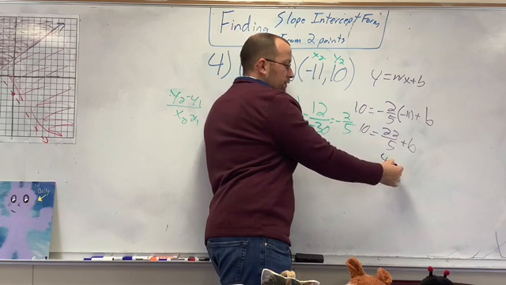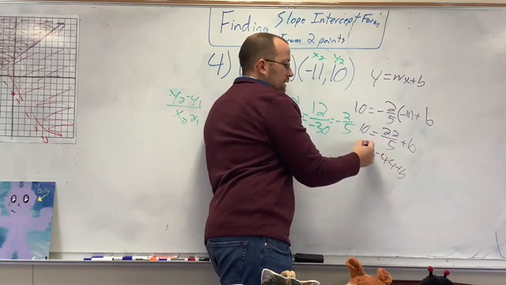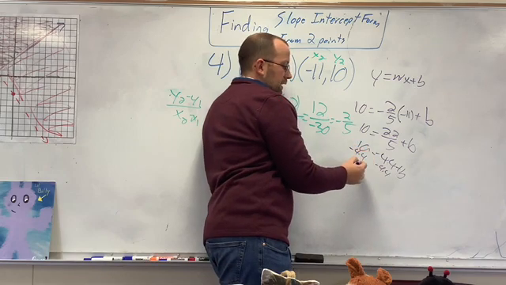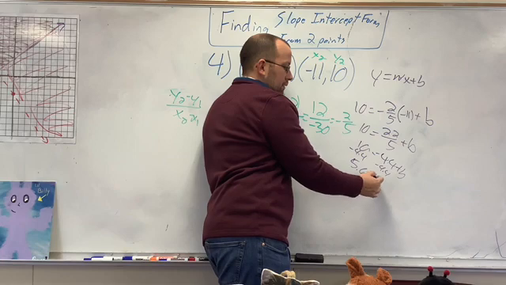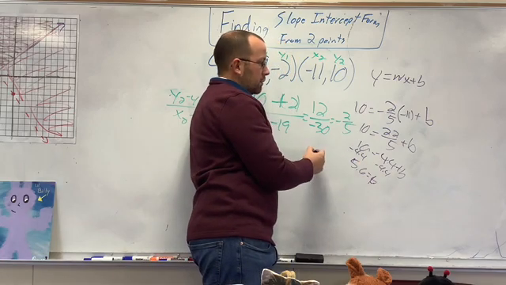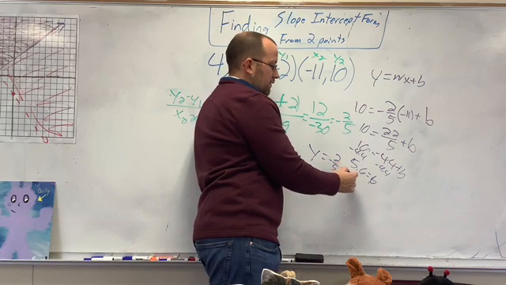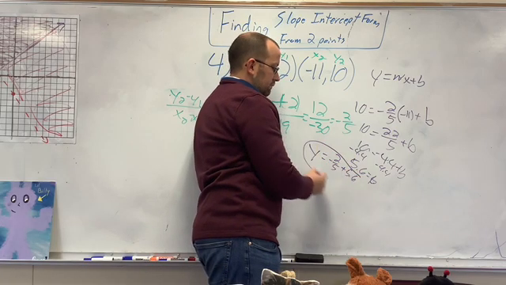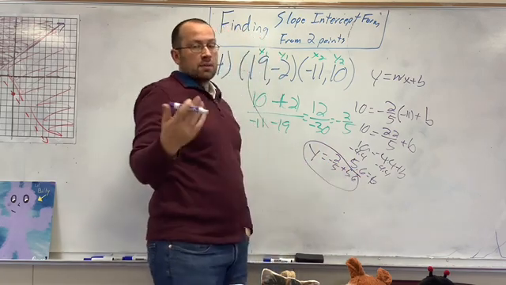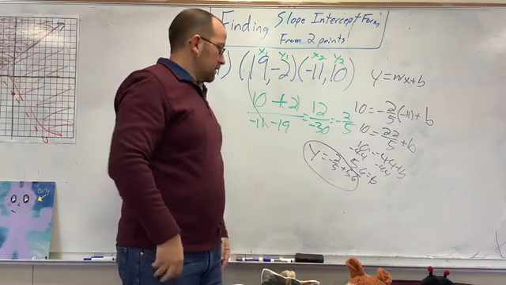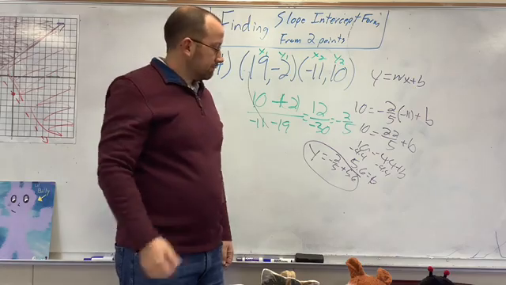That'll give me 4.4 plus b equals 10, minus 4.4, minus 4.4, so I get 5.6 equals b. So my final answer is y equals negative 2/5 x plus 5.6. Here's my final answer. The next one's going to be a little bit easier, but that is a more complicated way to do it.